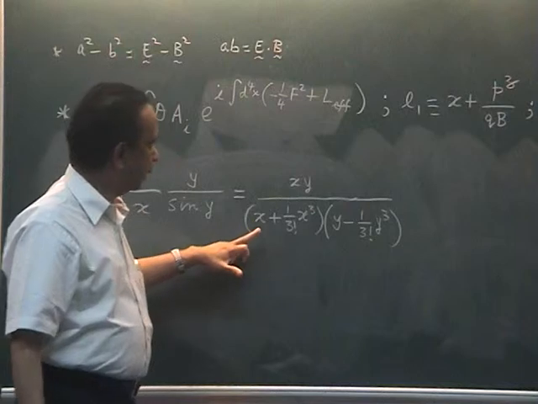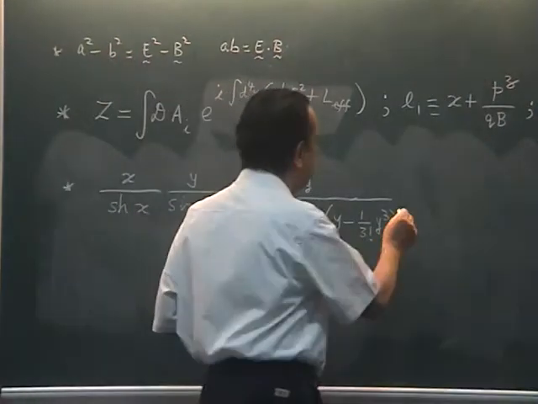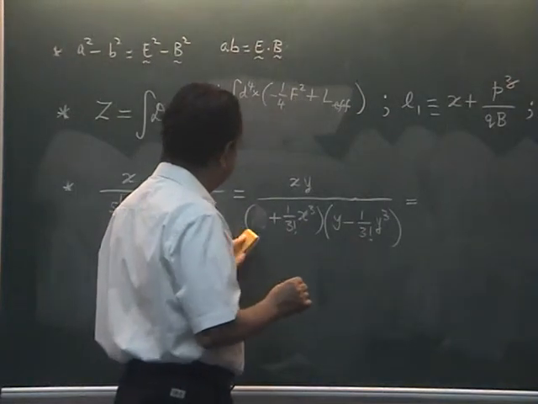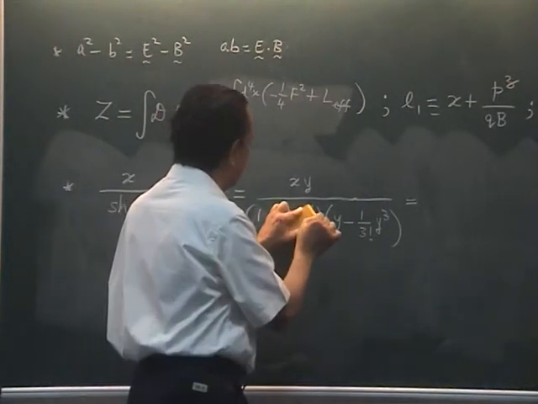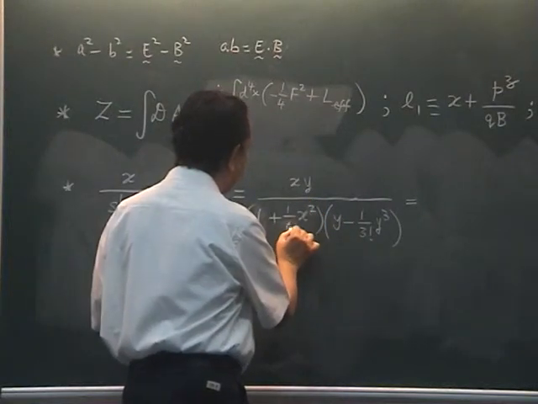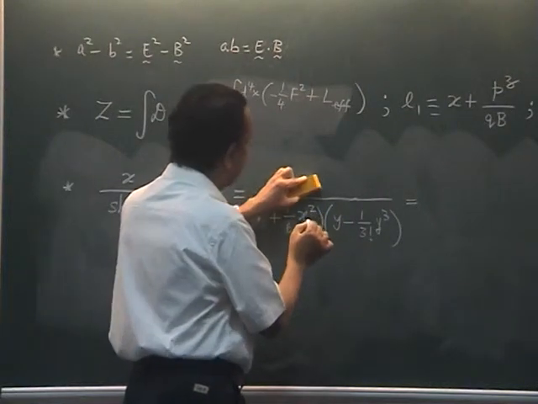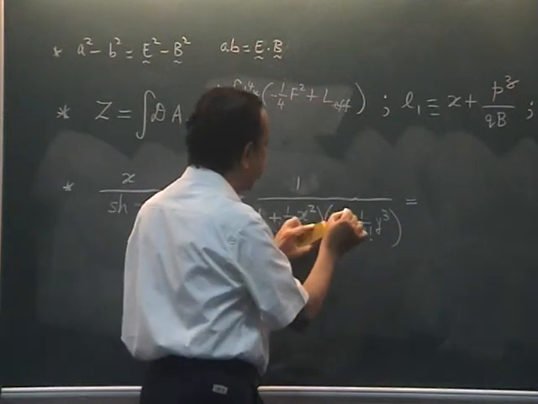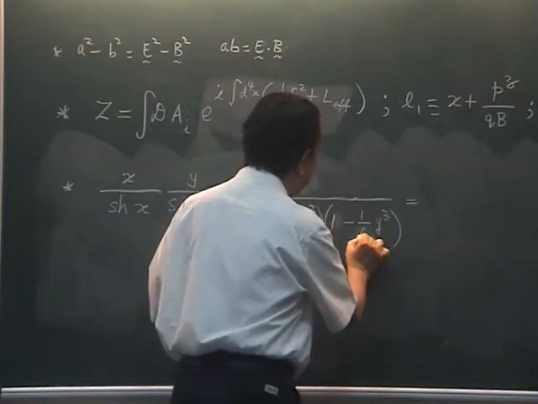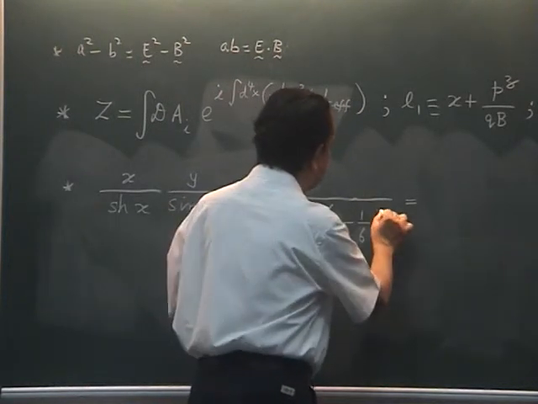So yeah, that's correct. So near the origin, I can take away an x here. This is x square. This is 6. And this x goes, this y also goes, and this gets replaced by 1/6 and a y square.